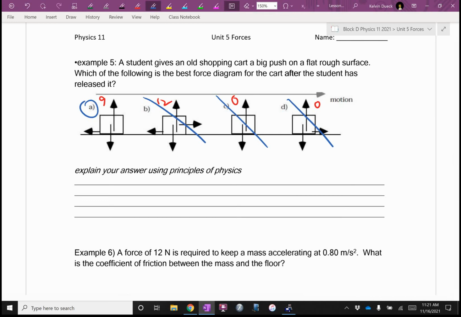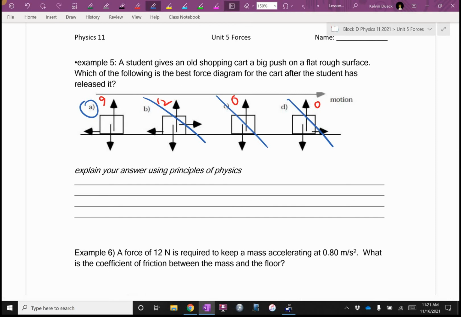Is that okay? It says explain your answer. What did I fall back on to explain my answer? Which one of Newton's laws? Okay, so the fact that Reed said third and sadly picked the wrong law, we can't just write the law, we're going to have to write it out.